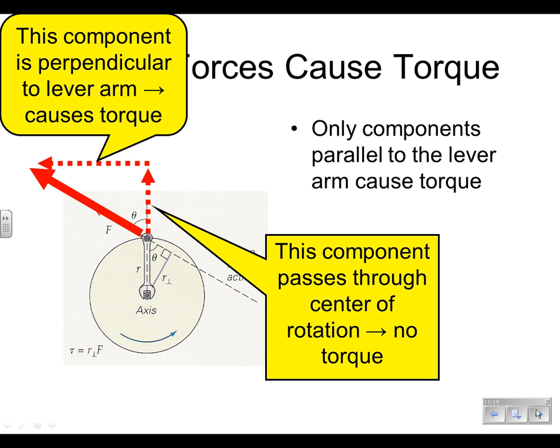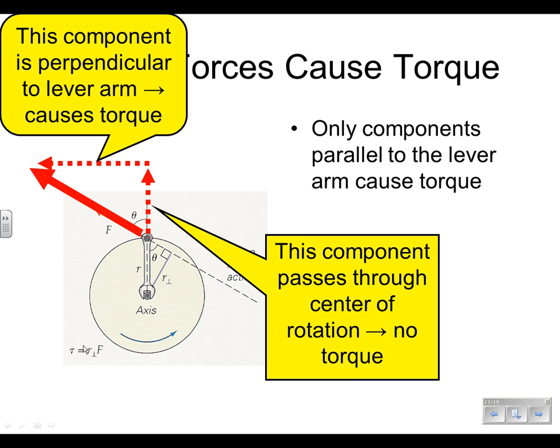But this component is perpendicular to the lever arm. Therefore, it will cause a rotation. It will cause a torque and cause a change in the rotational motion, or an angular acceleration. This is why the sine theta is built into the formula, because that will ensure that we are getting the correct component that's causing the torque and neglecting the component that doesn't cause torque.